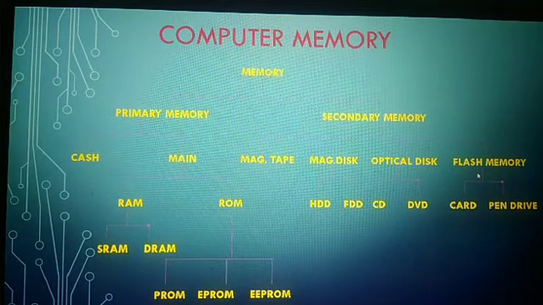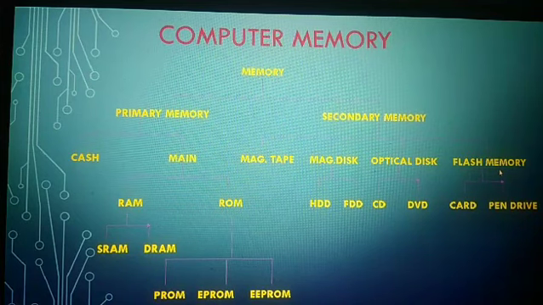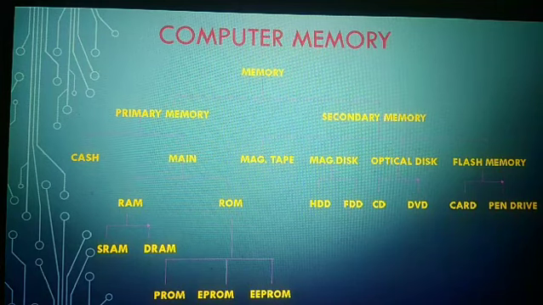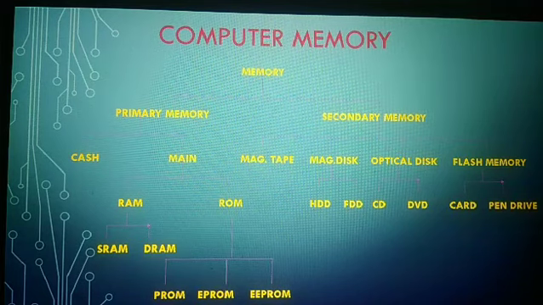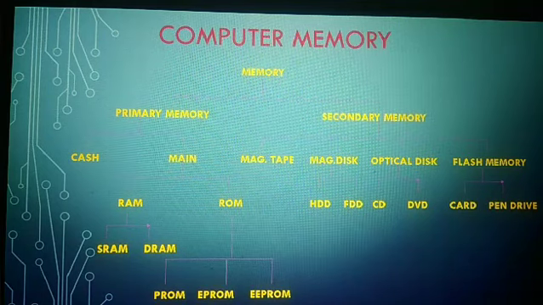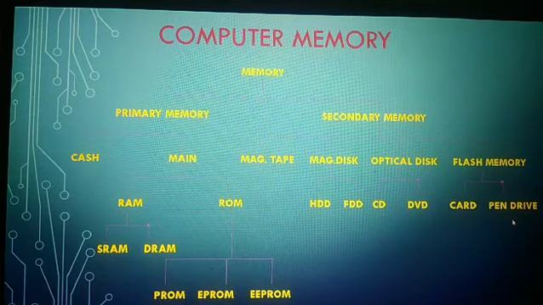Our next secondary memory is flash memory. It is a plug and play device used to copy and move data from one computer to another computer. It has replaced the floppy disk. Nowadays, we use different flash devices such as memory cards and pen drives.